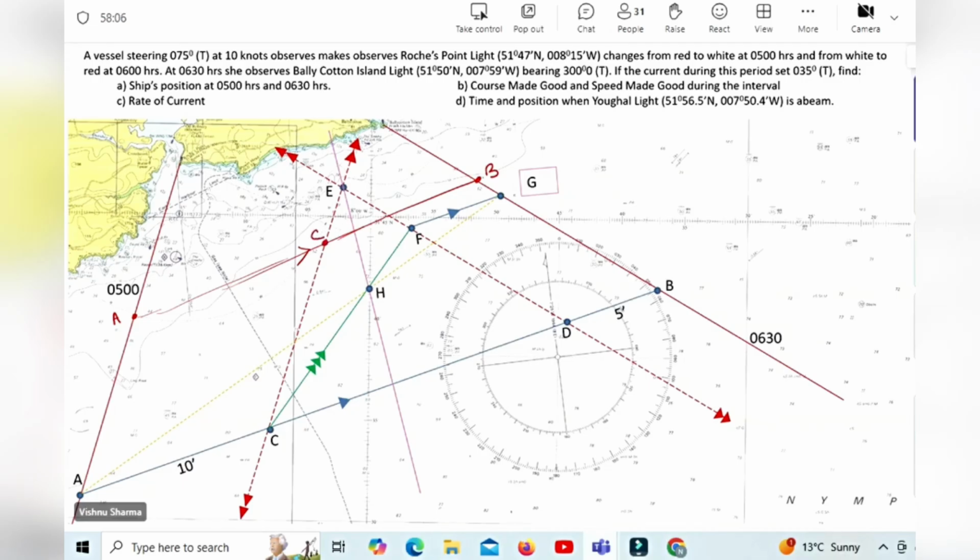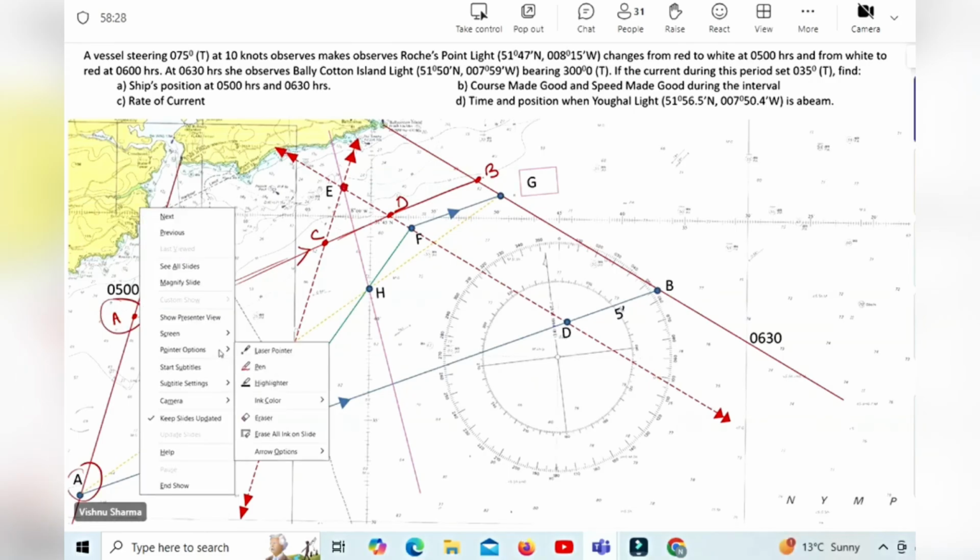When you measure 5 miles, D would be here. And E will remain wherever it is. Have you understood, beta? Yes or no? Am I right? Point E will not change irrespective of whether A is taken here or here. Am I clear, beta? Class, is it clear?